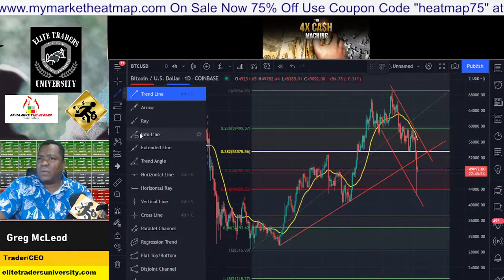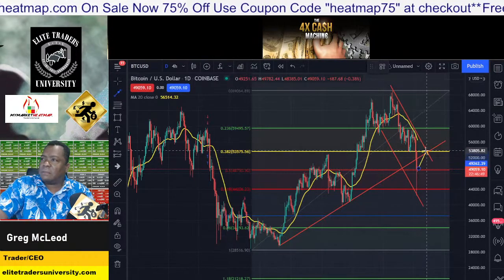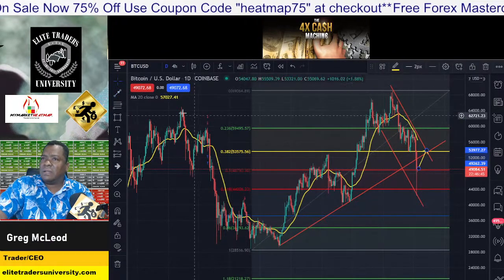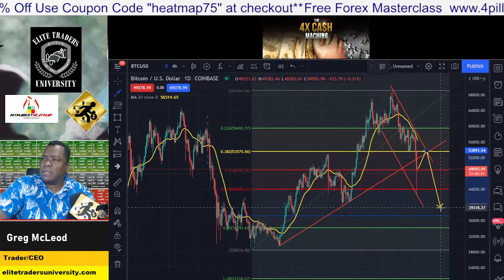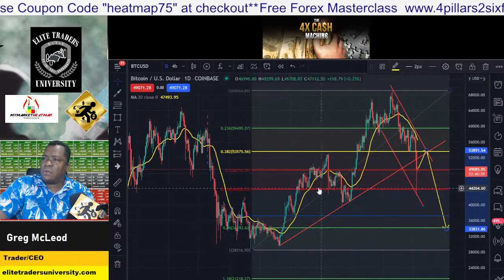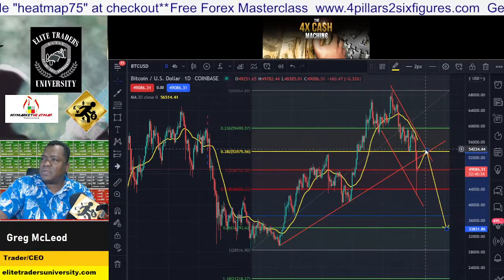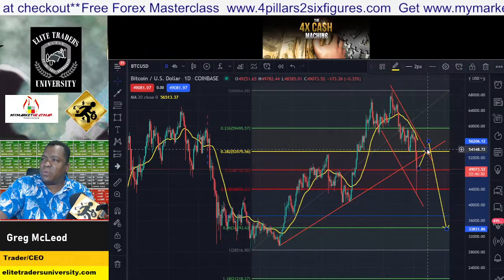I wouldn't short it now, but again, I want to sell high. So when we come up to this trend line right around 93.77, I'd short it. And then we have our shoulder, head, shoulder here, right? Might squeak above and go for that 56,000 whole number, round number area.